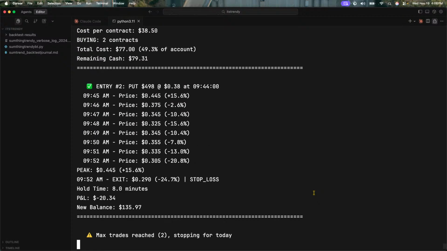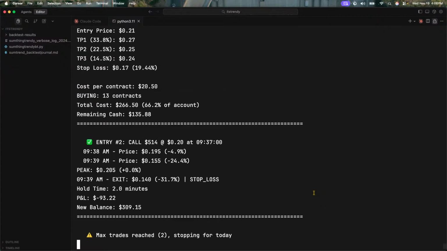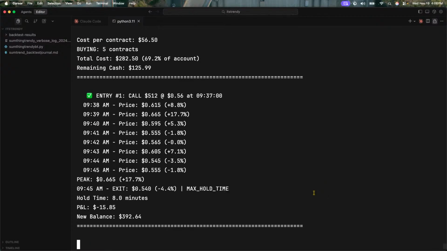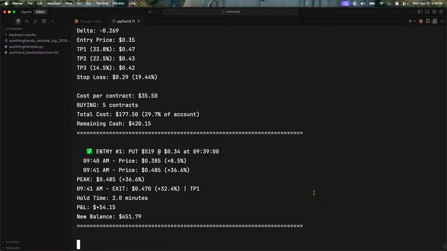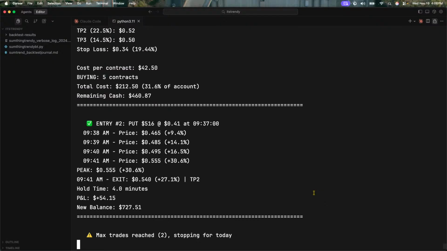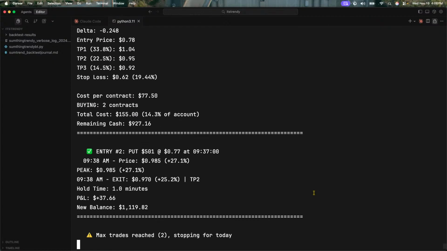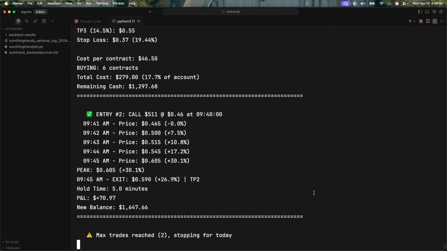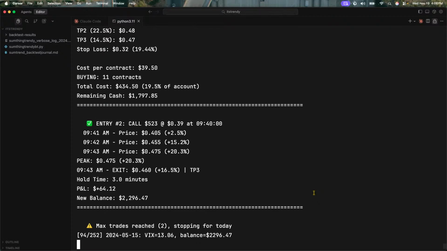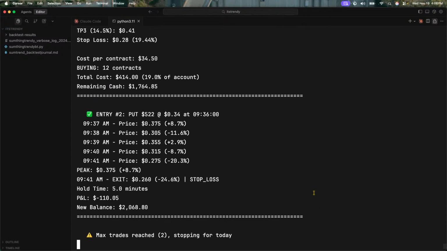So the hypothesis is, right, give it more time to develop. Let's see. I am seeing a TP predominantly. I just saw take profit one. I'm seeing 2, 3. I still think that max hold time of 4 minutes is a chef's kiss, bro, because we're not being greedy.